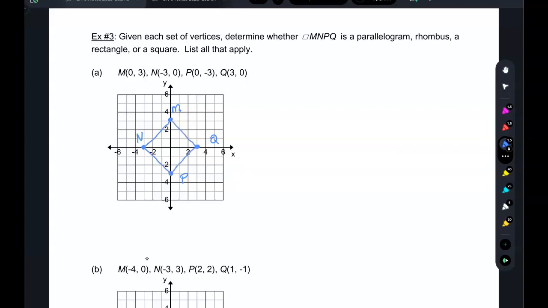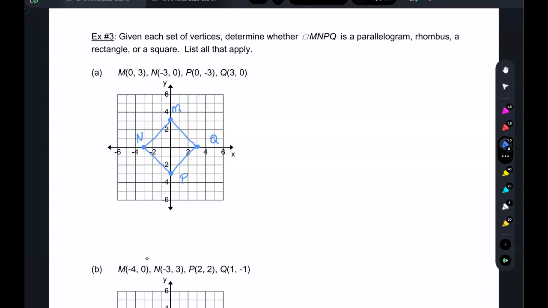Okay. What does it look like? It looks like a square on its side, a diamond. So how would we show that it's a square? We could do diagonals, slope.